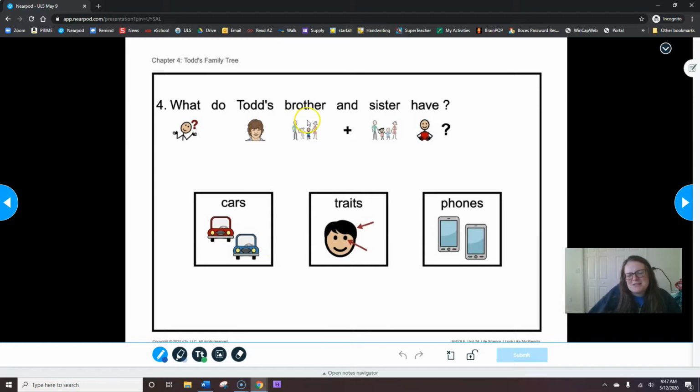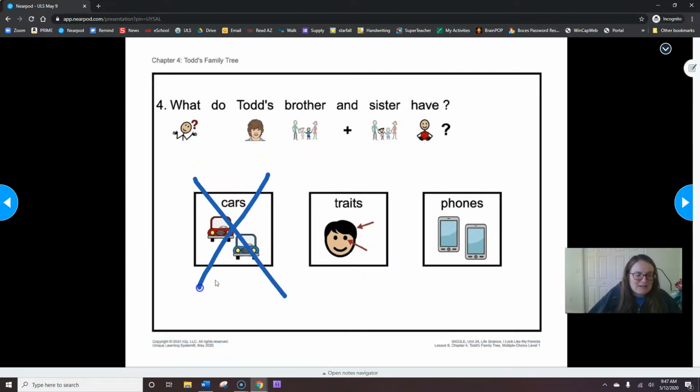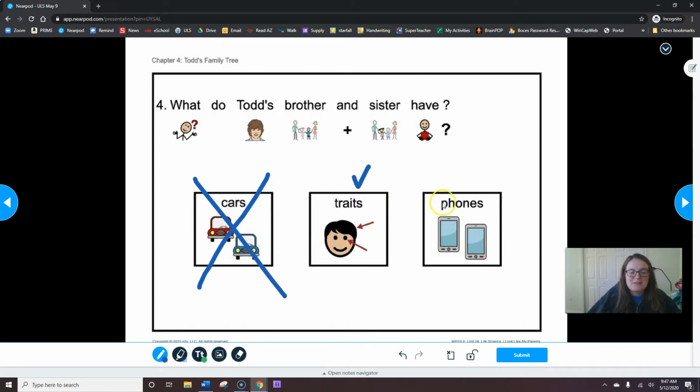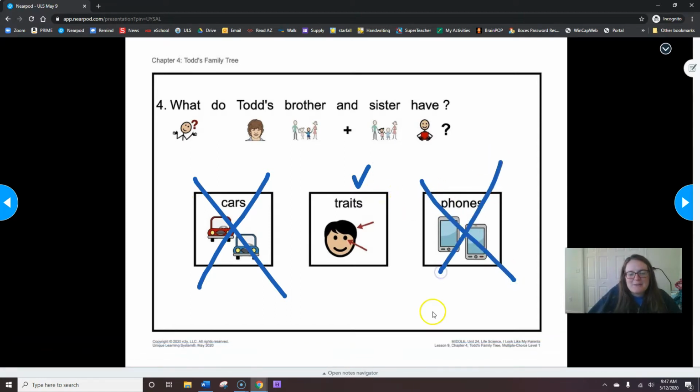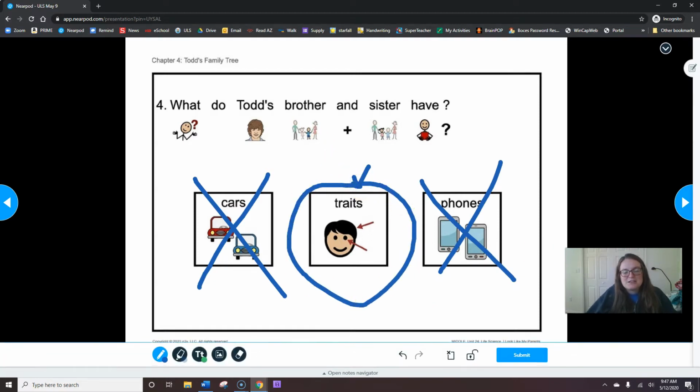What do Todd's brother and sister have? Do they have cars? Maybe, but we didn't read about it. Traits? They do. Their hair color is like their mom or their dad. Do they have phones? They might, but that's not what we read about. So they have traits. I circled traits, you circle traits, then hit submit.